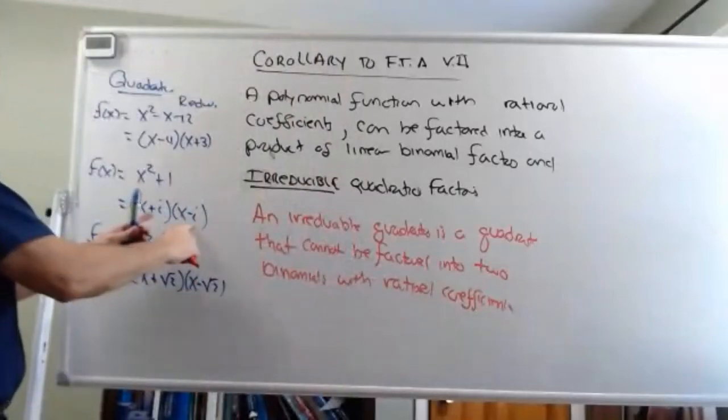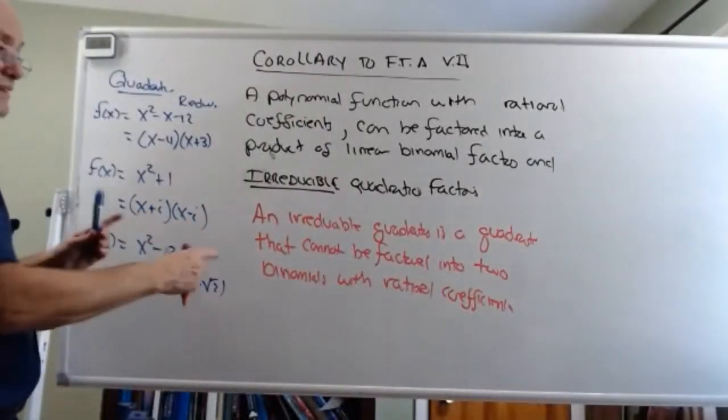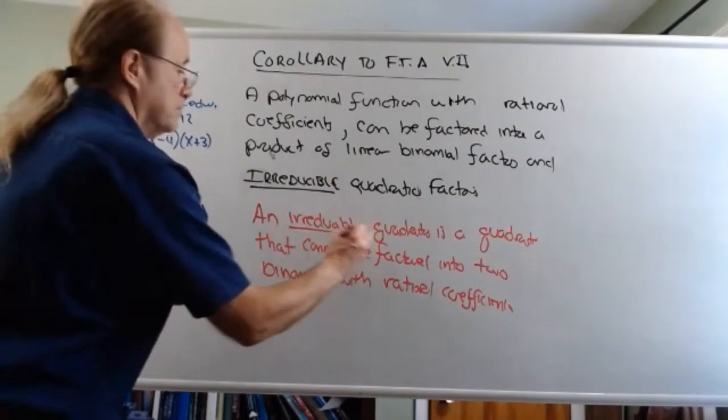In this case, it's pure imaginary. In this case, they're radical. They're not rational. So that's what an irreducible quadratic is.